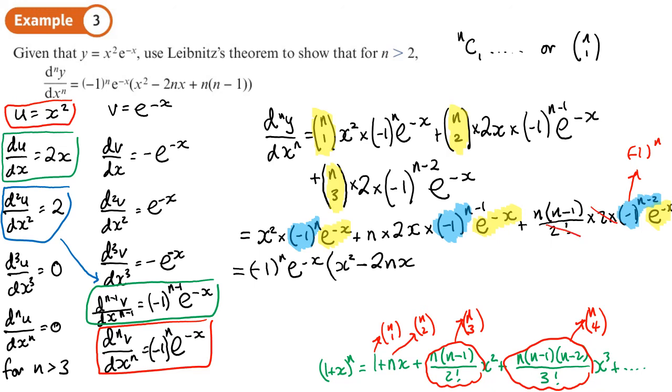So we've got n times (n minus 1). We don't need to put a minus sign because it's going to be the same sign as the (-1) to the power n, and we've taken that as a factor. So that just leaves n times (n minus 1). So if we have a look, we actually get the expression that they want. So we can just stick the letters QED because we've proved this as required.